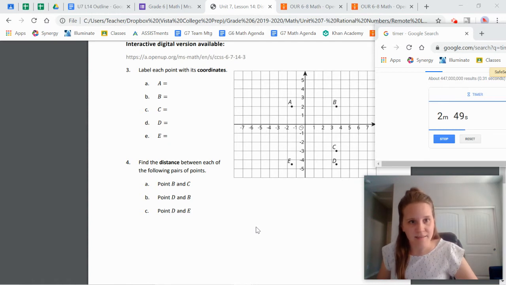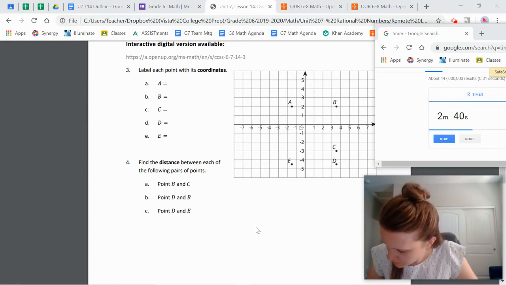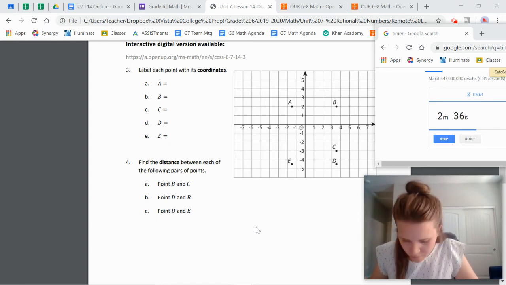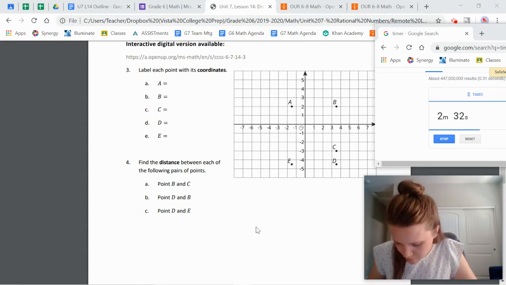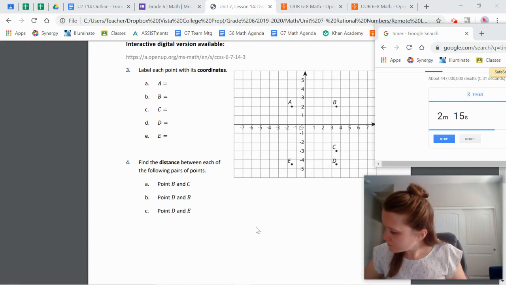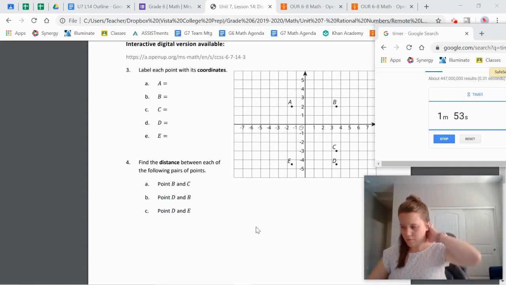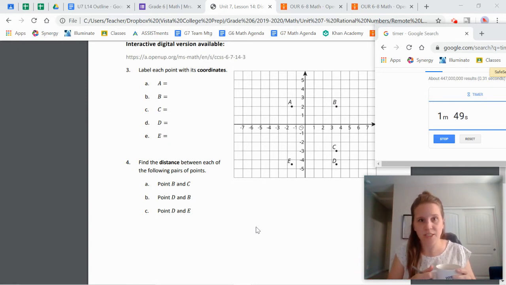We are about 30 seconds in. You should be labeling probably about on point C or D. Just under 2 minutes remaining.